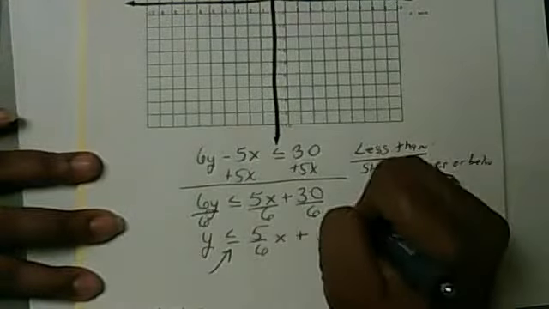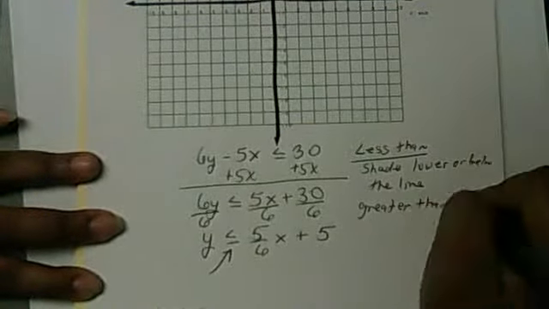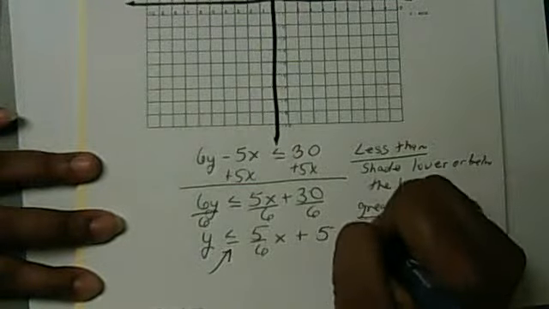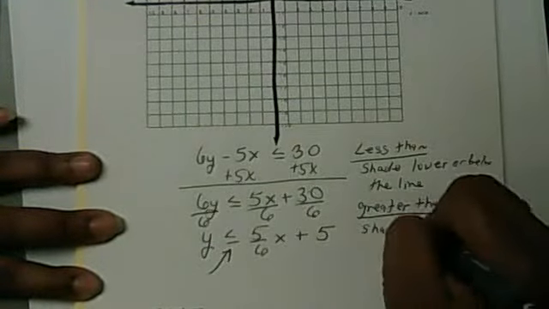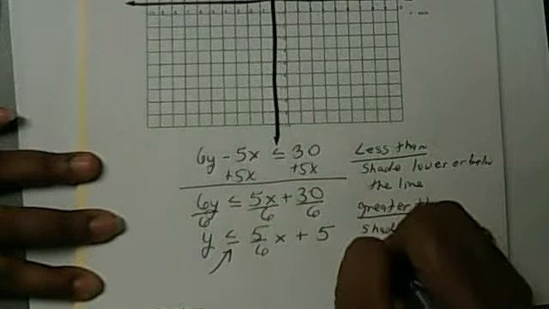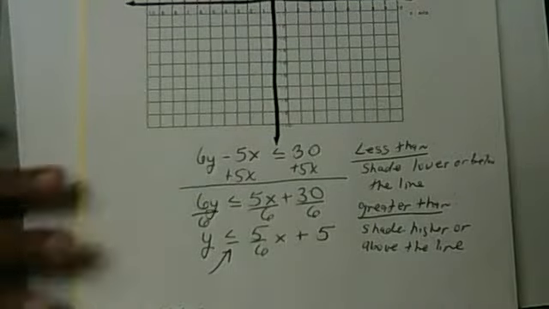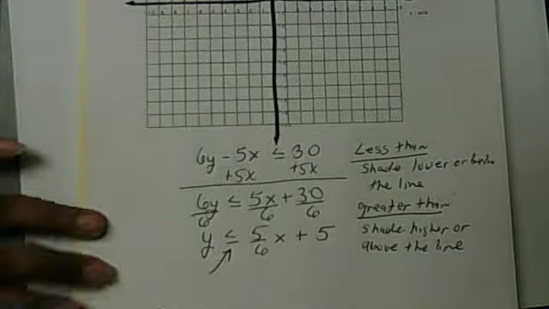And then your greater than symbol is going to tell you to shade higher than or above the line. Alright? So that's going to be your difference. In our equation we have a less than.